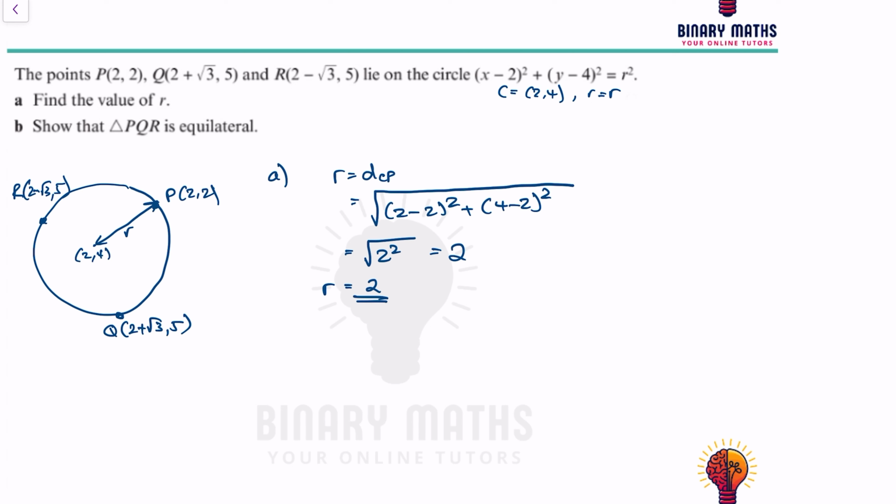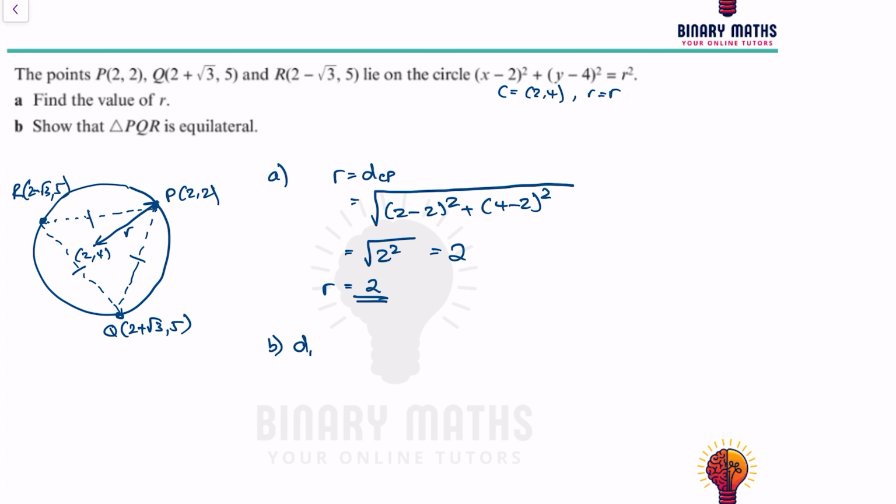B, it says show that the triangle PQR is equilateral. So if we draw a triangle, if it's equilateral, all 3 sides must be of the same length. So all I need to do is work out the length of each one and show that they're the same.